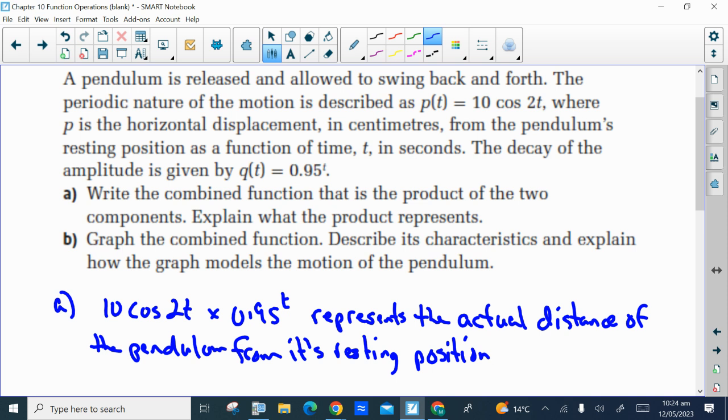And because the variable is t, it's as a function of time. And when we say the distance, it's the horizontal displacement.